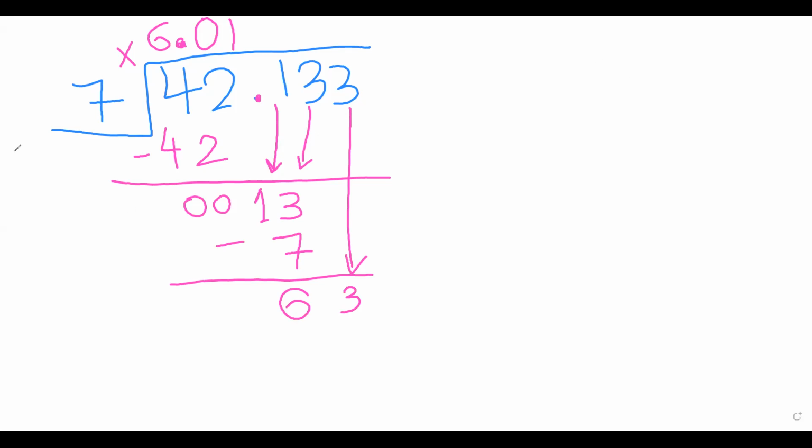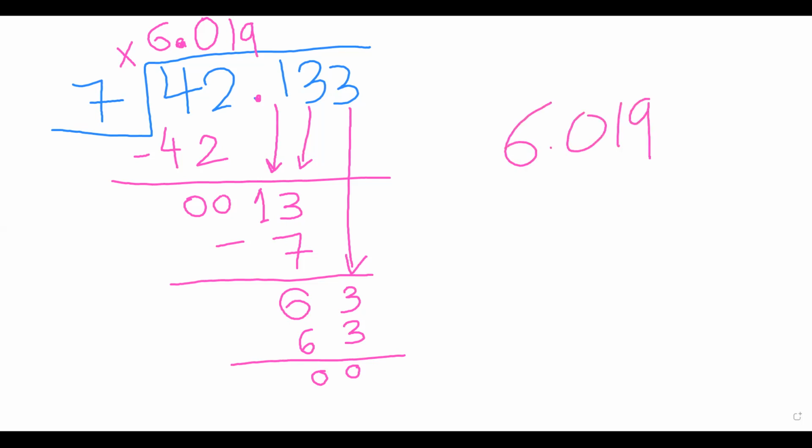Now 63 over 7 is 9. 9 times 7 is 63. So now the remainder here is 0. So what is the quotient of dividing 42.133 over 7? 6.019. Thank you.